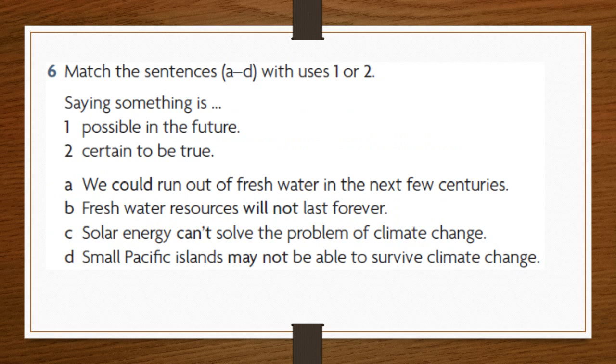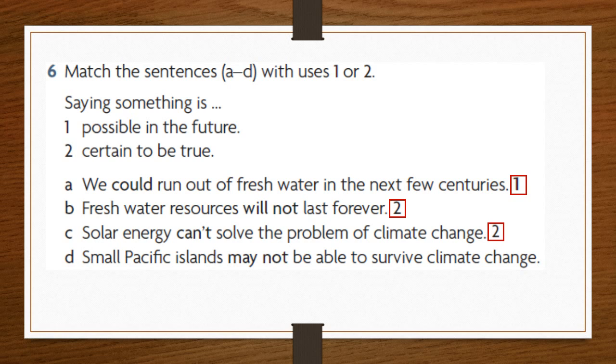Now let's match sentences from A to D with their uses from 1 to 2. The modal verbs can express possibility in the future. When I say we could run out of fresh water in the next few centuries, it's a possibility. When I say water resources will not last forever, it's certainty.